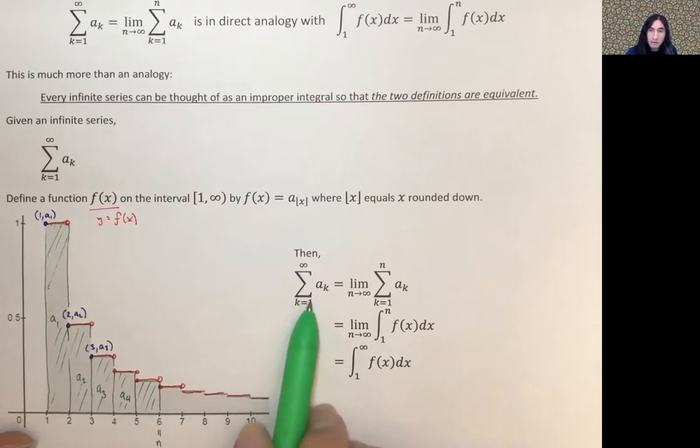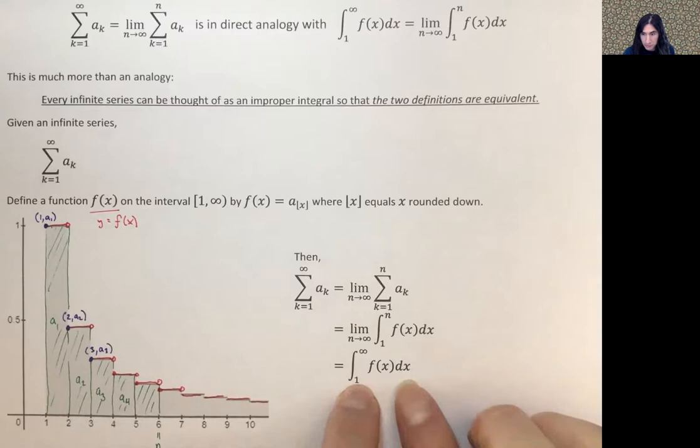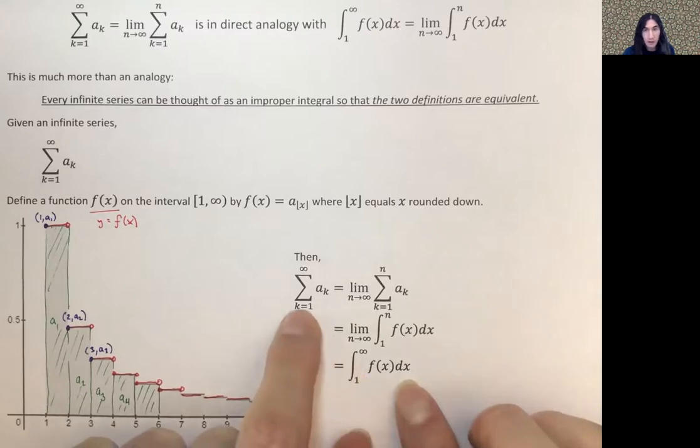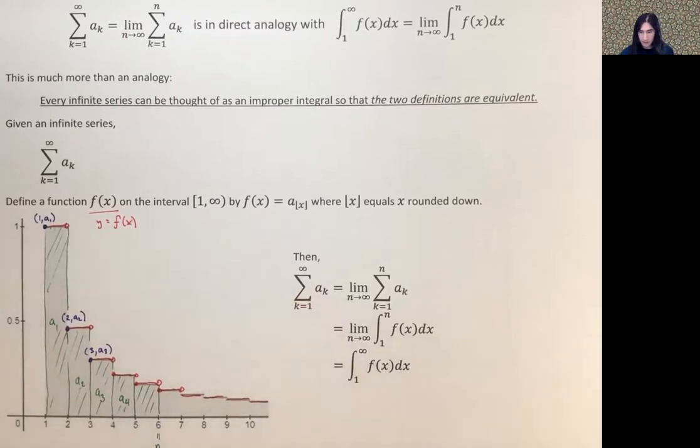So every infinite series can be thought of as an improper integral, okay? That's the important idea that's going to allow us to leverage our understanding of improper integrals to learn about infinite series.